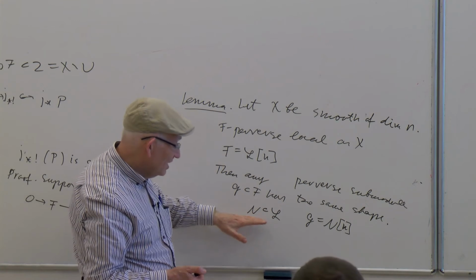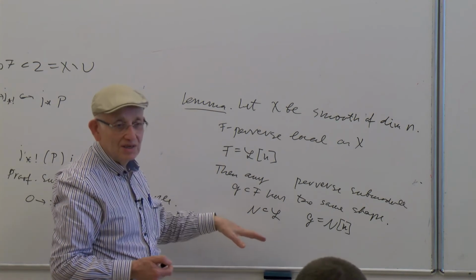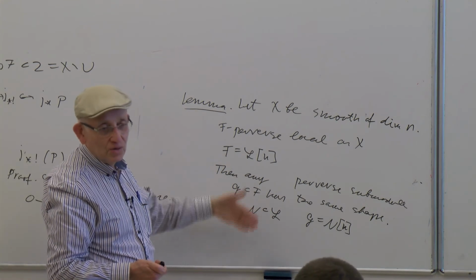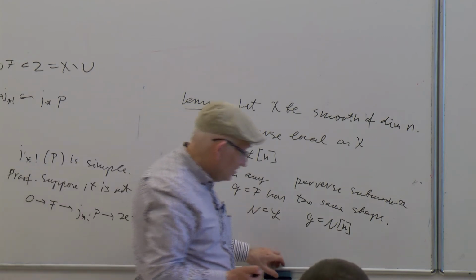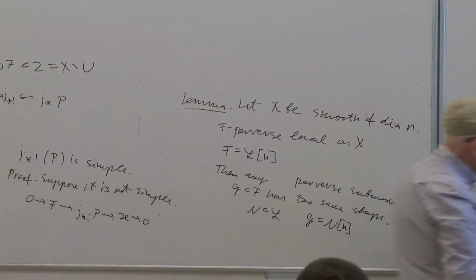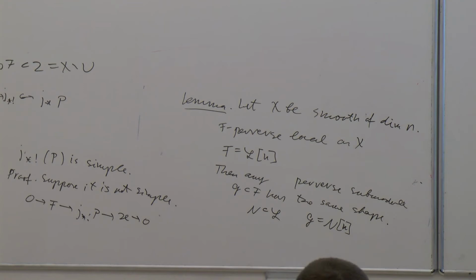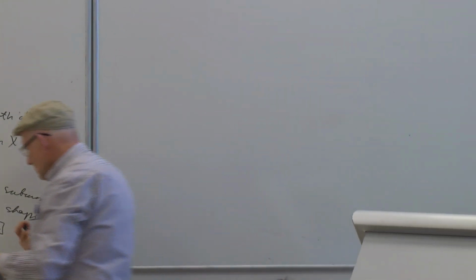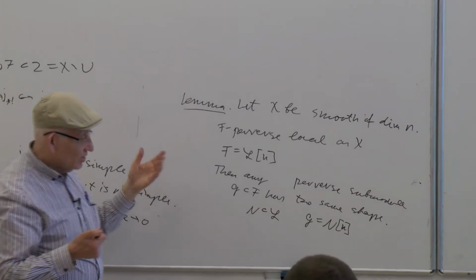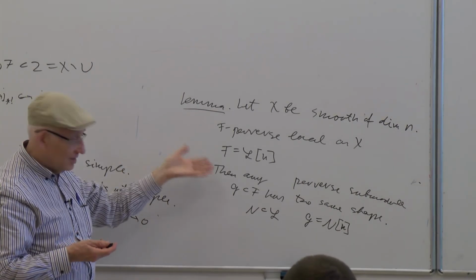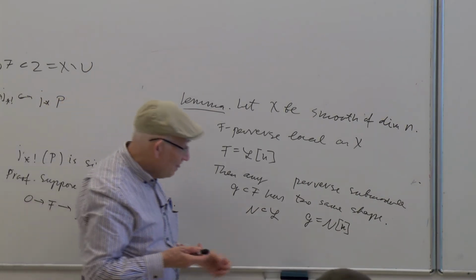Any perverse subsheaf of this will automatically be a local system. Why is it non-trivial? Because for constructible sheaves it's not true. If you take a different structure, different perversity, it will not be correct. So it really requires something.